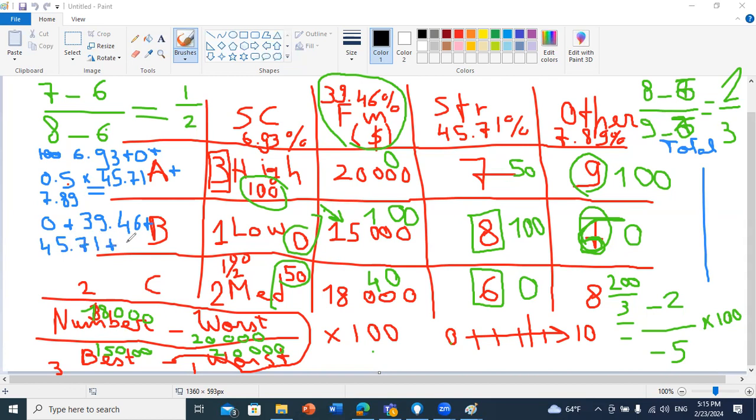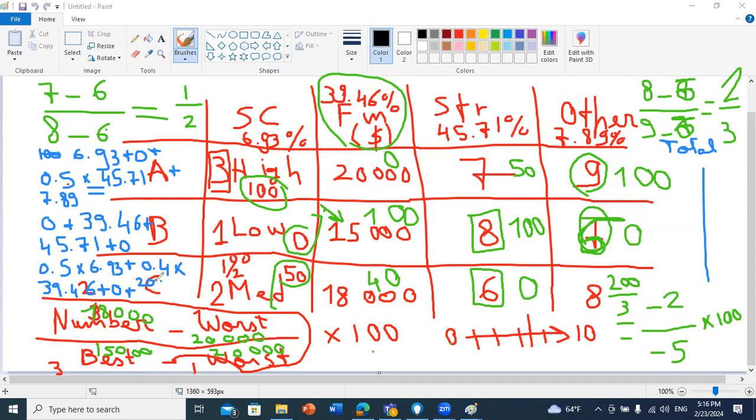And finally, for the last option, we have 0.5 times 6.93 plus 0.4 times 39.46 plus 0 and plus 200 over 3.